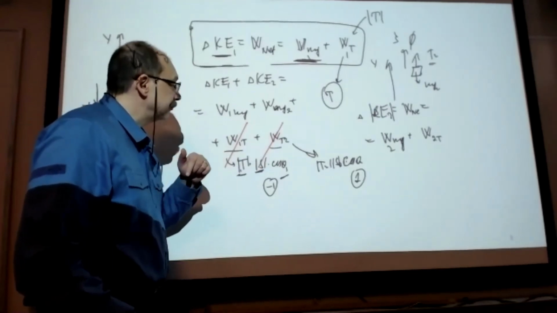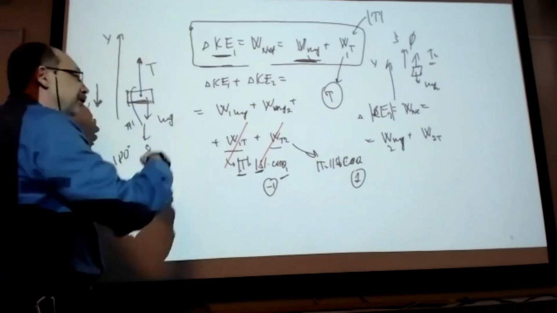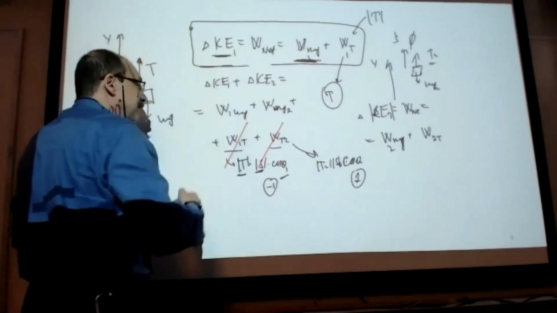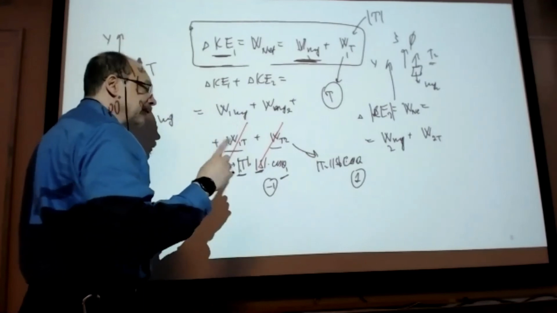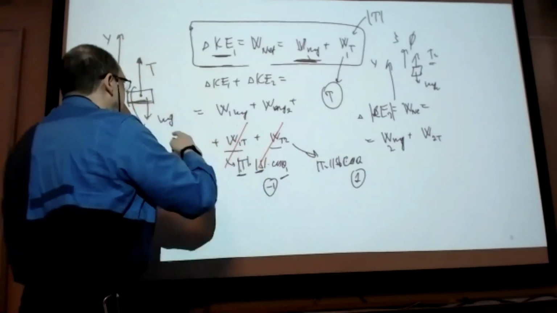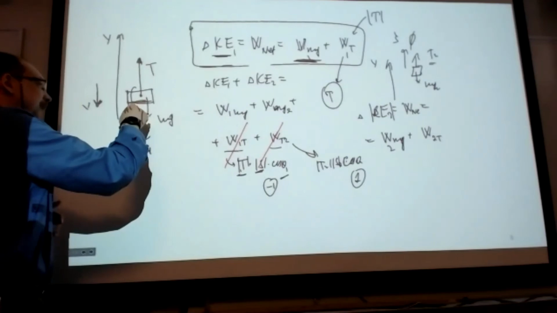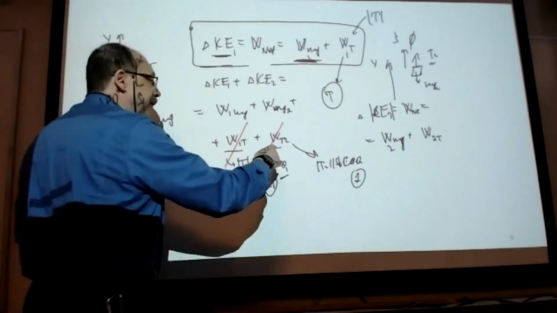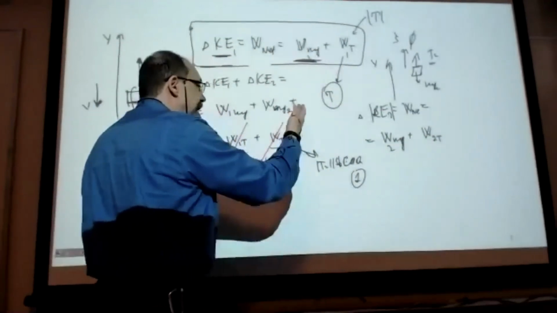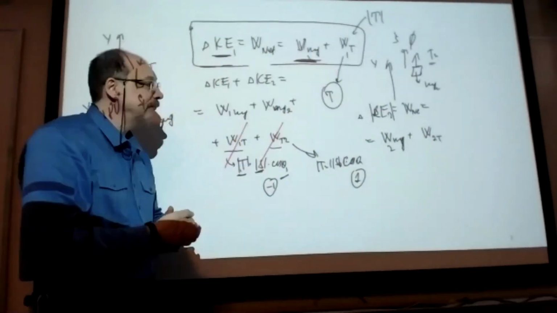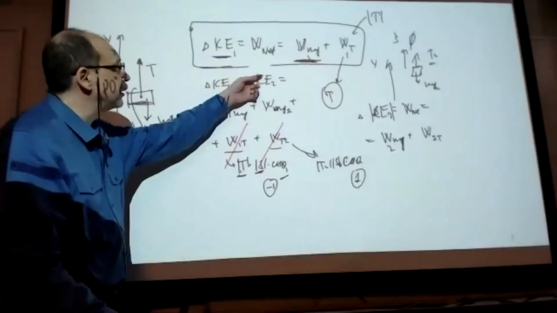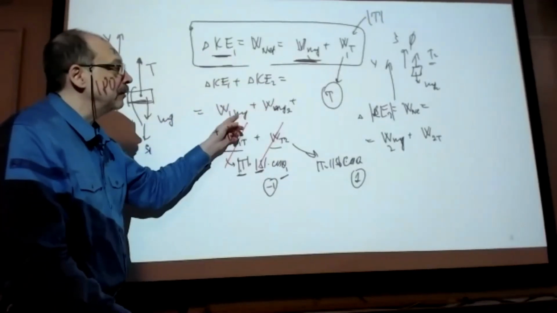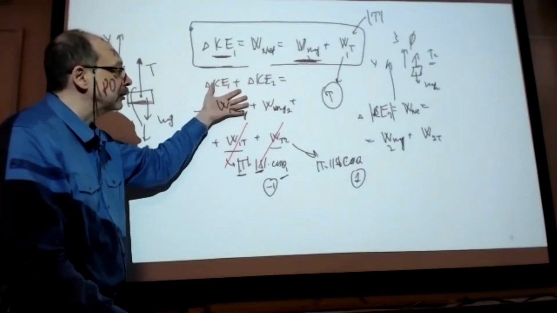But because tension in the string has the same magnitude and they travel the same distance, but in opposite direction, for this object, work done by tension is negative, this is positive, and they cancel each other out. And this is basically the law of conservation of mechanical energy for the whole system.